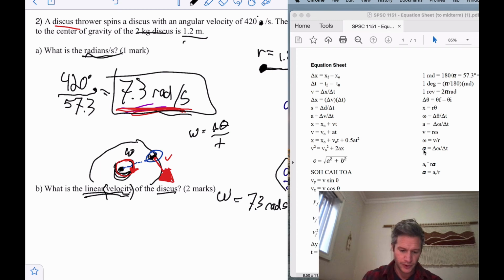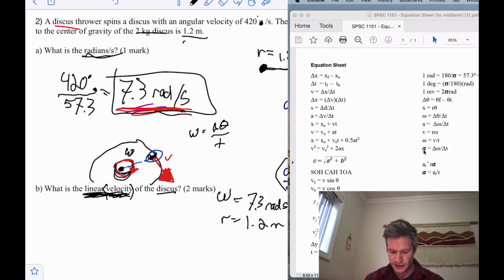What else do we know? We have some sort of a radial arm, as we said here, that's 1.2 meters long. And what we're looking for is linear velocity, which is represented with just a v, which we're familiar with from all our other units. So velocity, but we don't know what that is.